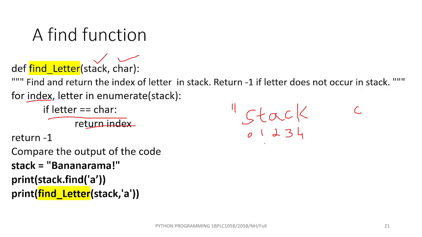So index 0, 1, 2, 3, 4, letters S, T, A, C, K. First, S is not mapped to C, skip. T is not mapped, A is not mapped, C is mapped. What is the index of that? 3. So the position of that is returned.